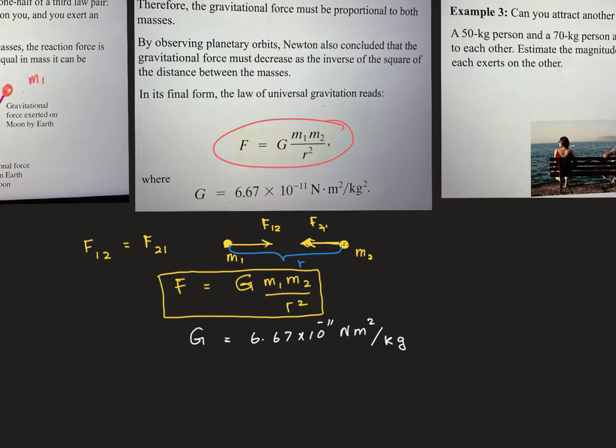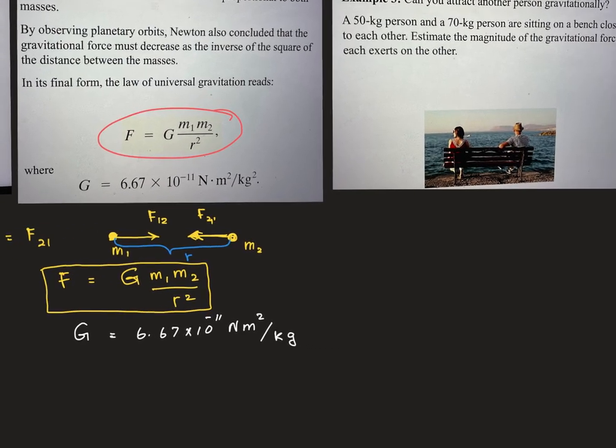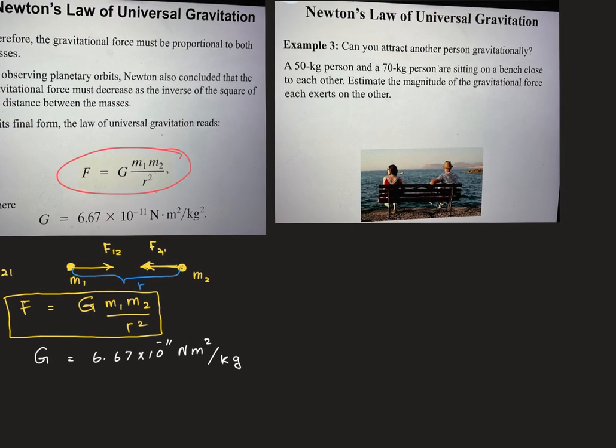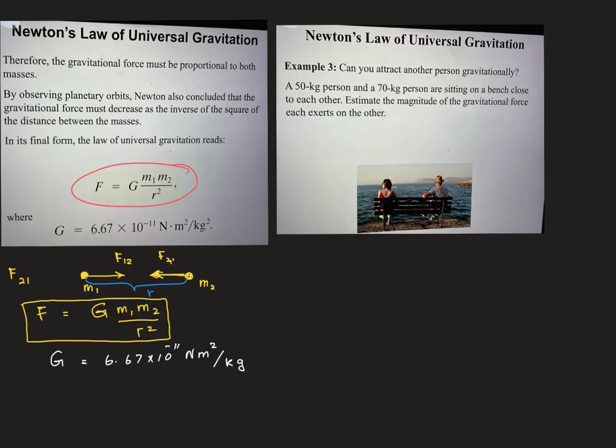Now let's do a small example to understand this better. This is coming from the slides again. Here you have two people, a woman and a man sitting on a bench, and you might think there are no forces exerted on them because of their existence there. Well, that's not right. There is a force actually.